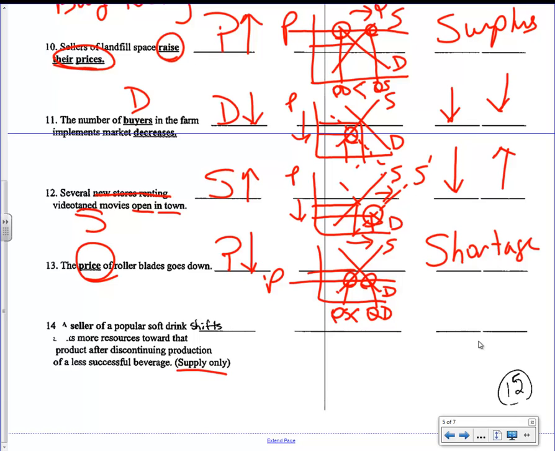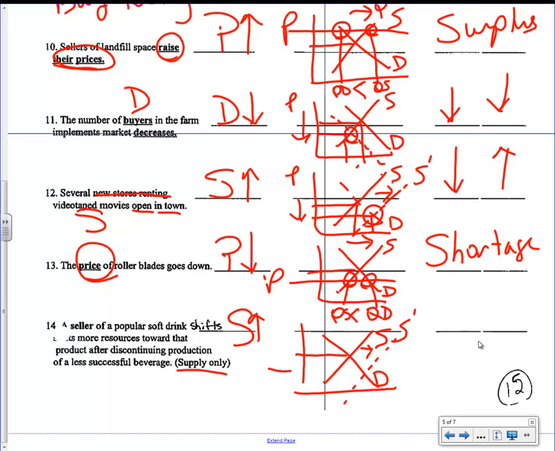Supply. Seller shifts everything into what they have for the more profitable area. So that tells us that supply is going to increase. So if supply increases, we're going to shift the supply to the right.